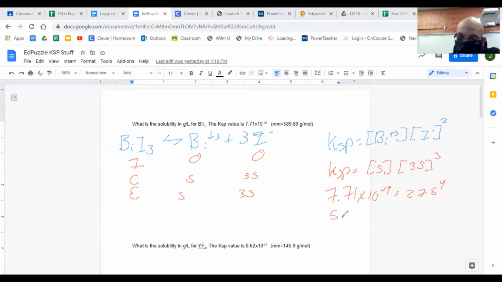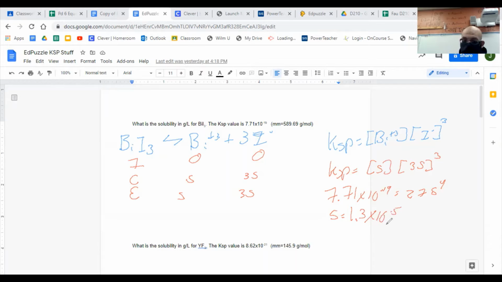And then we can solve for S. I'm getting 1.3 times 10 to the negative 5th for S.